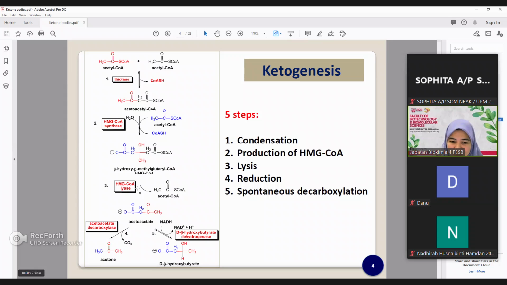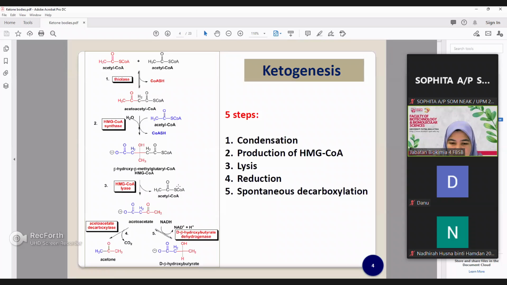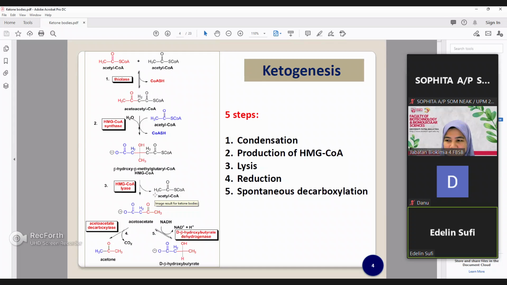This degradation reaction, this lysis reaction, is analogous to the reverse reaction of citrate synthase. Do you still remember your citrate synthase enzyme in your carbohydrate metabolism? Yes, in the TCA cycle.